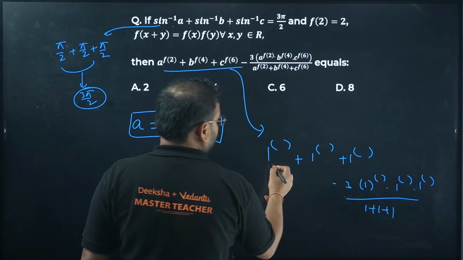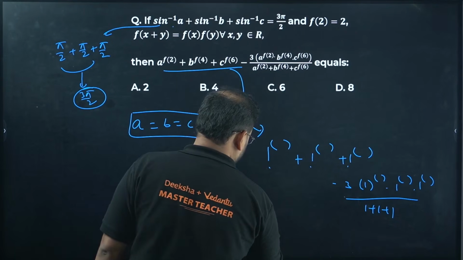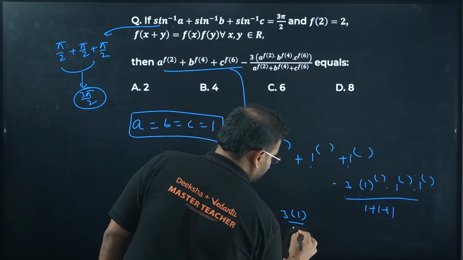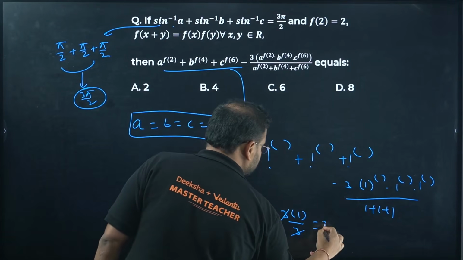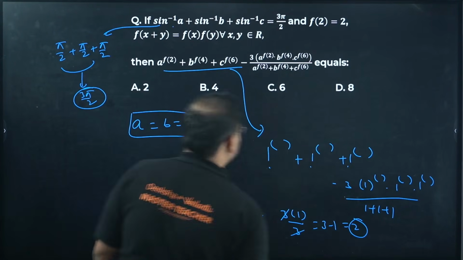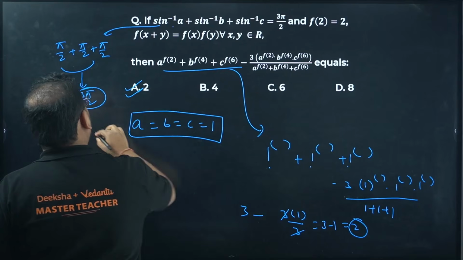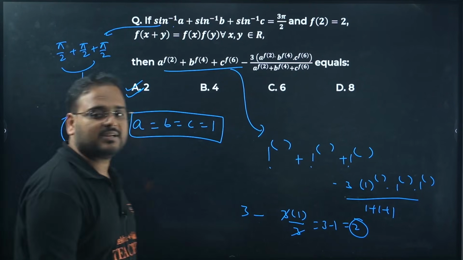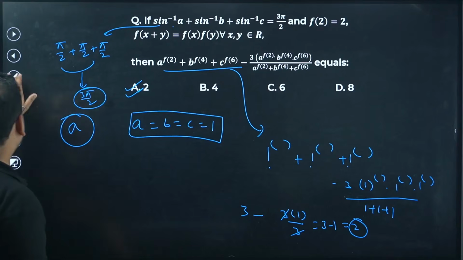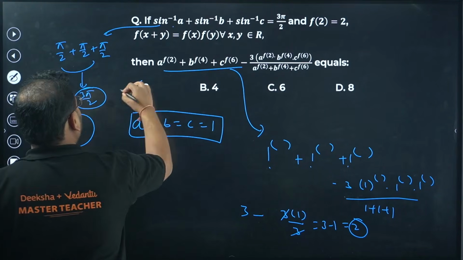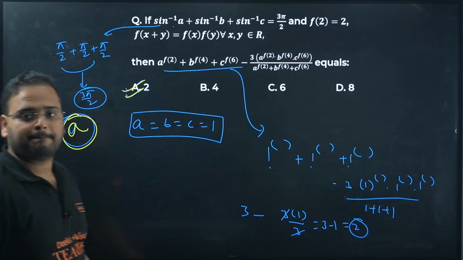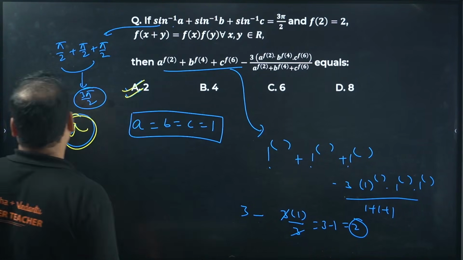Check here, 1 plus 1 plus 1, what is that? 3, minus 3 into 1 by 3, 3 is cancelled, answer is 3 minus 1, 2. Option is A. Answer is A. If you're not sure, I can highlight. This is the answer and this is the option A. Clear? Clear?